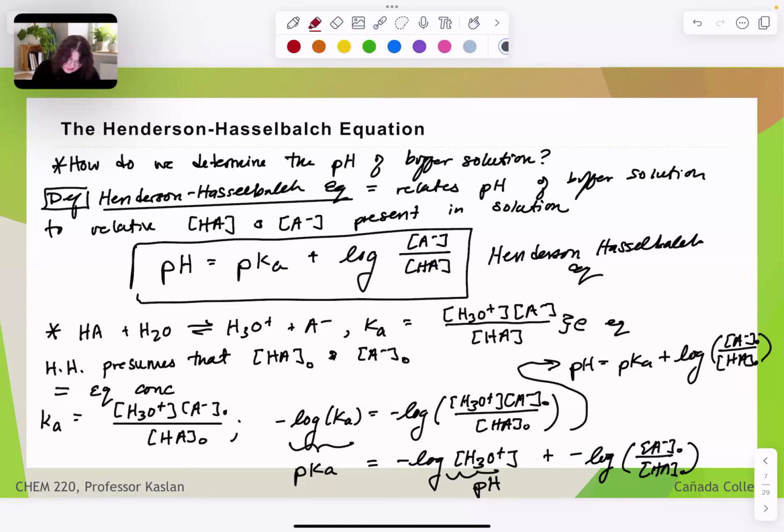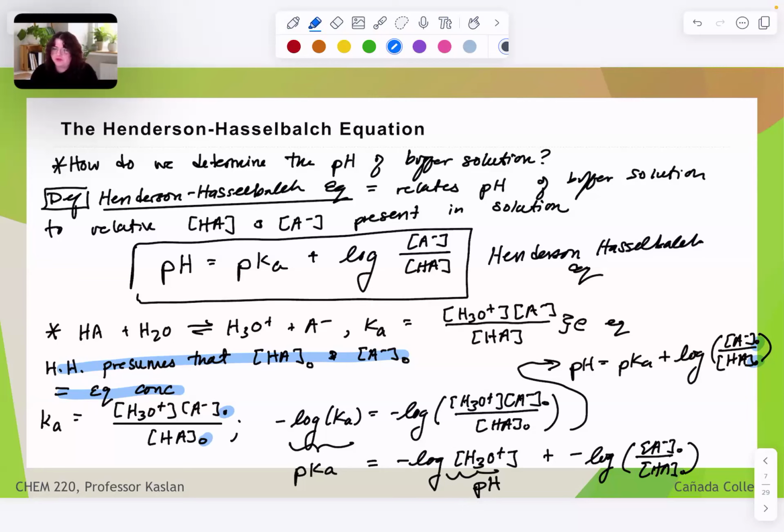And the reason why I'm highlighting the fact that we can use the small x approximation here is because this means that when we're talking about a buffer solution, we don't have to do any ice tables. We don't have to think about what the actual equilibrium concentrations of molecular HA and its conjugate base A minus are.